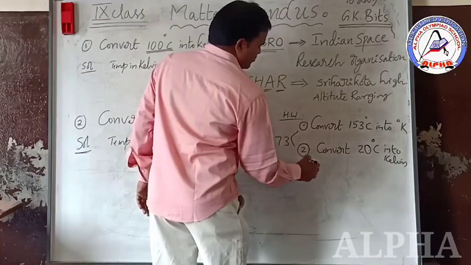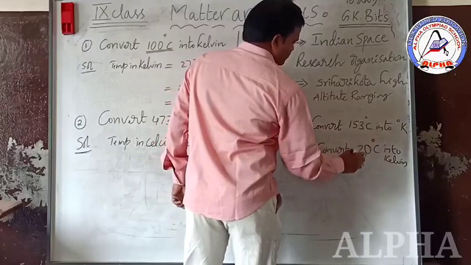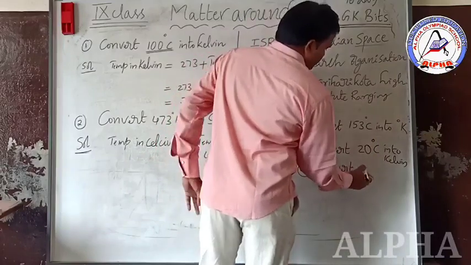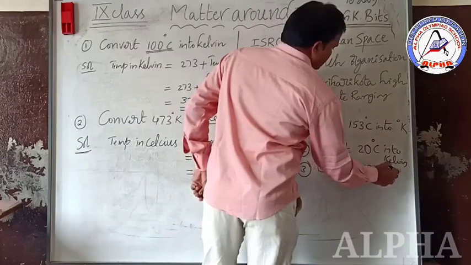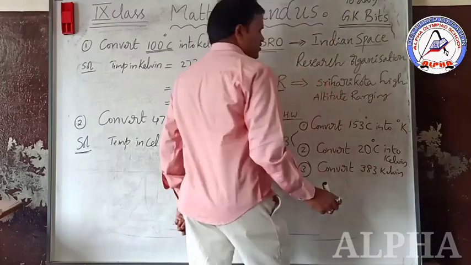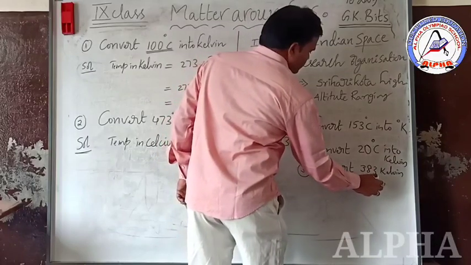Third one, convert 383 Kelvin into Celsius.